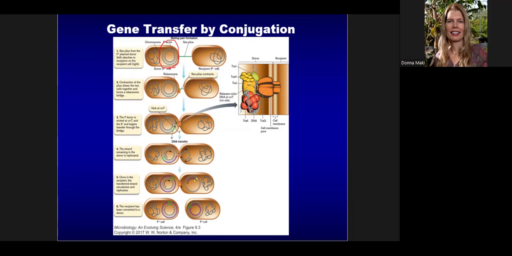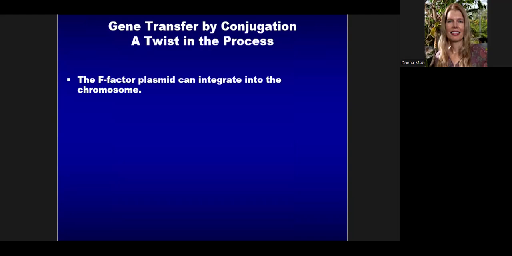Now, every once in a while, in the lab when they were working with these E. coli and other bacteria and seeing how this worked, sometimes those plasmids just stay as plasmids, separate from the chromosome, but every once in a while, they would see the plasmid paste into the chromosome.